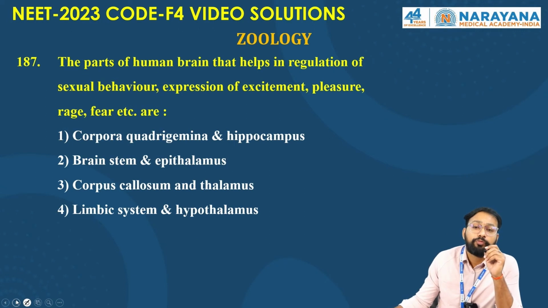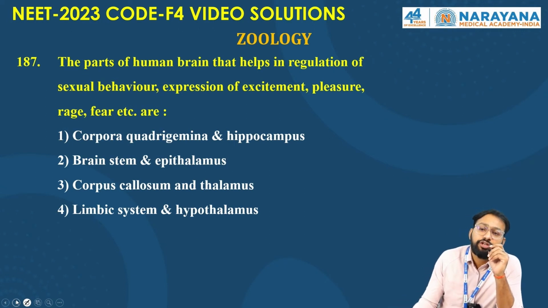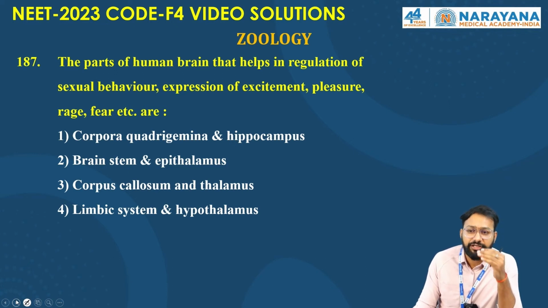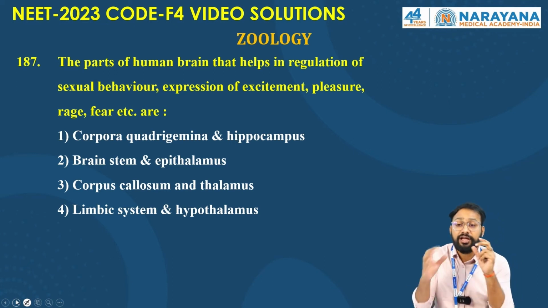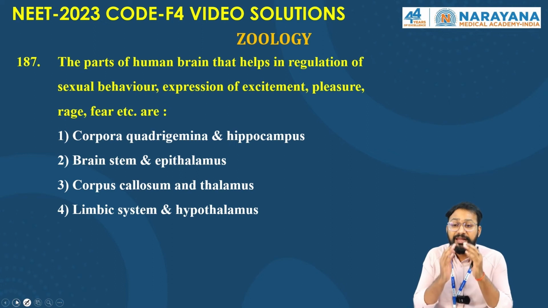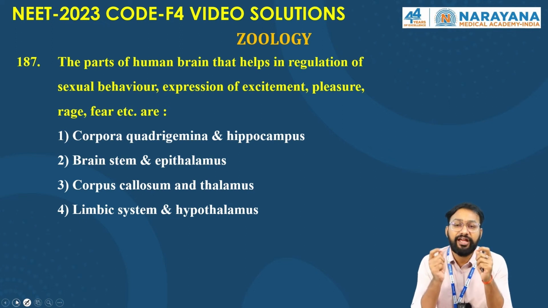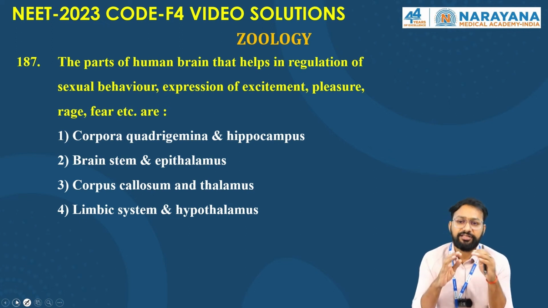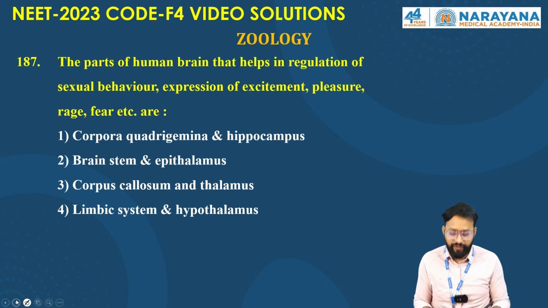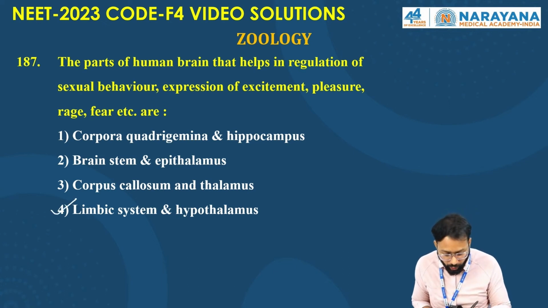The part of the human brain that helps in the regulation of sexual behavior, expression of excitement, pleasure, rage, fear, etc., means the emotions. The limbic system, a part of the forebrain, is called the emotional brain. Along with the hypothalamus, it helps in the regulation of these emotions. So option 4.